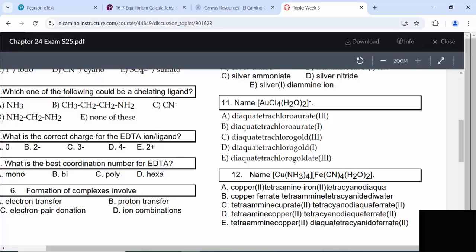I'd like to give it to you, but then you're missing another important rule, which you should have known: for cations, you don't change the name. Cations, you have to use the original name. And regardless, if you're going to use the old name, I put that in the context of anion complexes only. And so I don't necessarily agree with that.